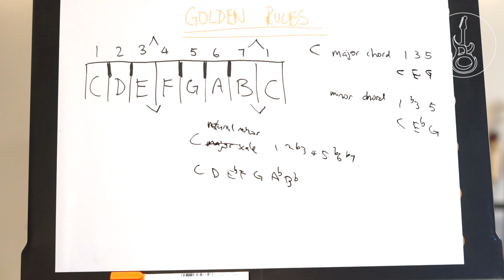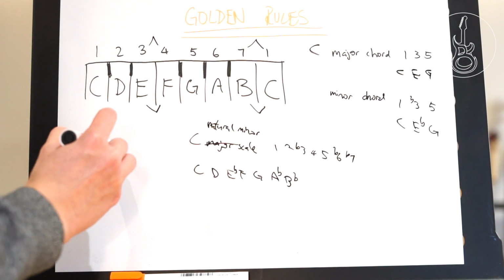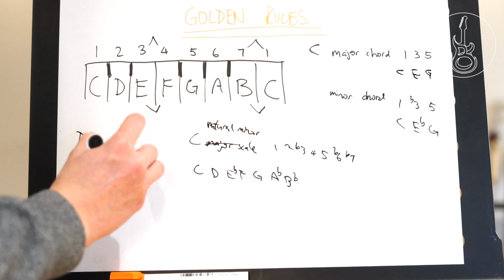And the one thing that might be a bit more complex or challenging is that when we're working in another key, for example, let's say, find me a D major chord.